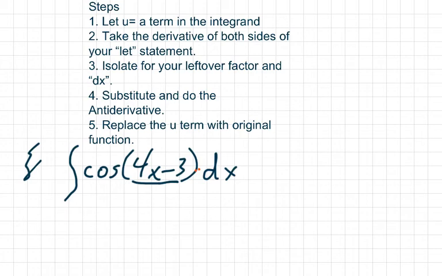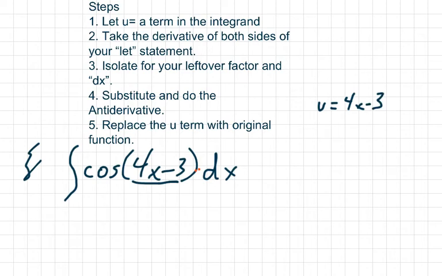Okay, so in this case, if I let u equal cos of 4x minus 3, I like to think, what's the derivative of cos? Well, the derivative of cos is negative sine. Well, there is no negative sign in this question, so I'm not going to let u equal cos anything. I'm going to say let u equal 4x minus 3.